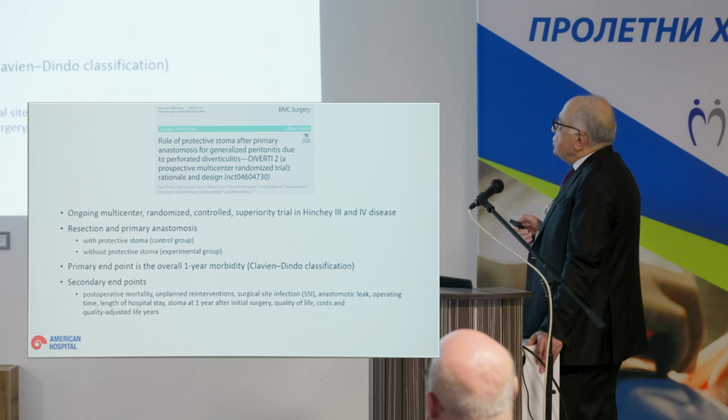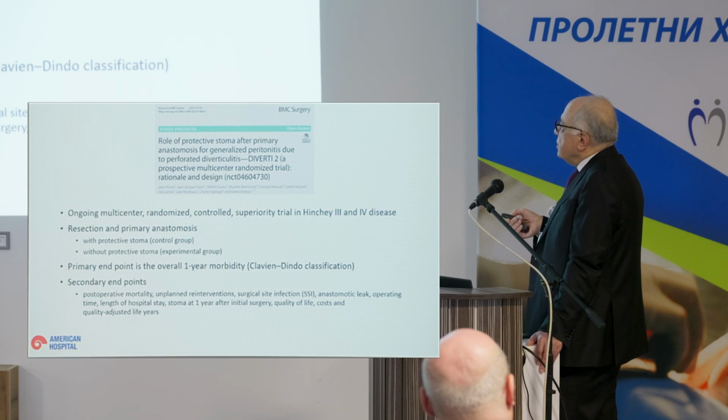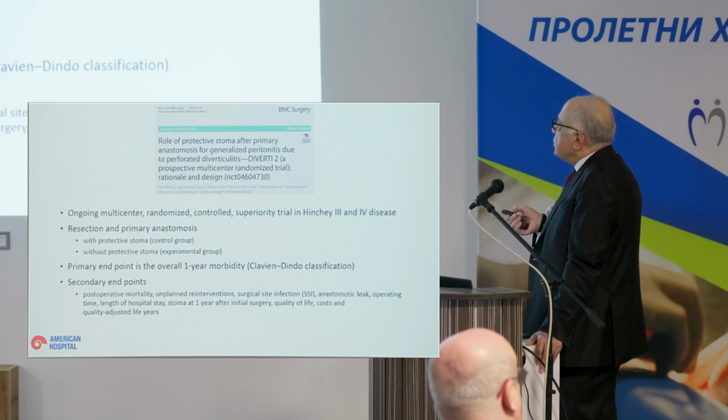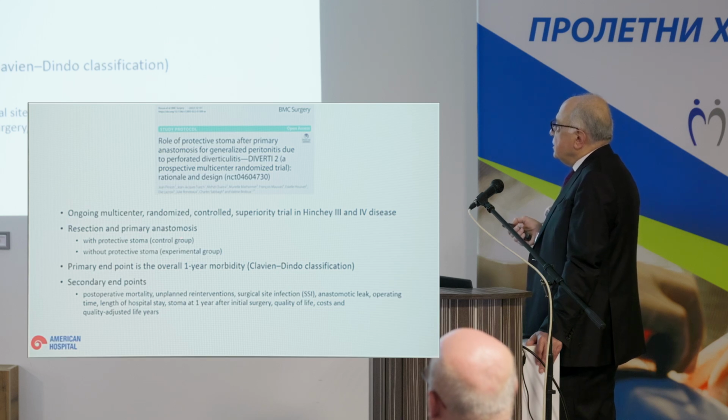There is a new randomized controlled trial that has started in France, a prospective multi-center randomized trial, the DivertiTo trial. In this trial, the authors will look at superiority in Hinchey 3 and 4 disease, with resection and primary anastomosis with protective stoma as the control group and without protective stoma as the experimental group.